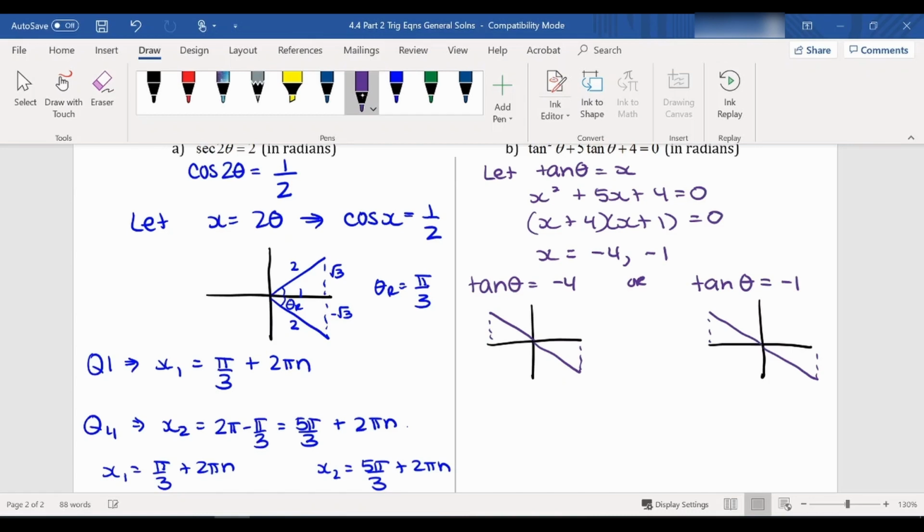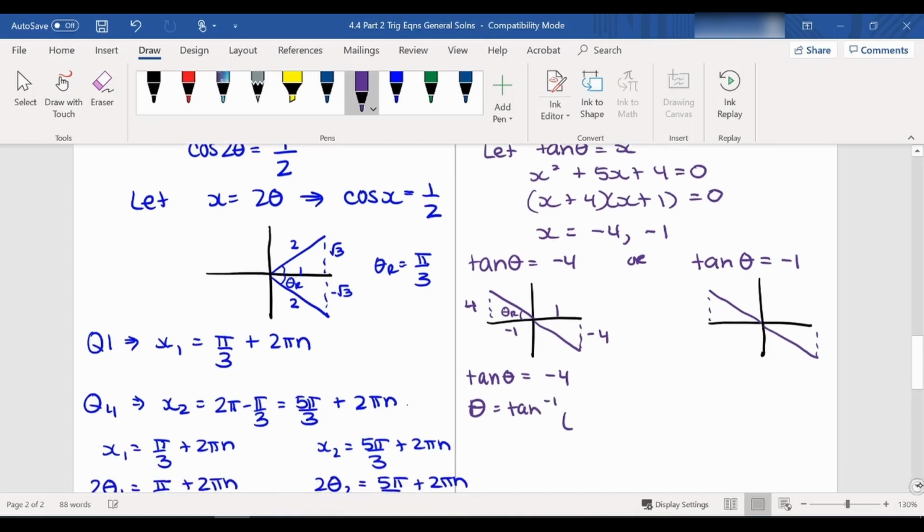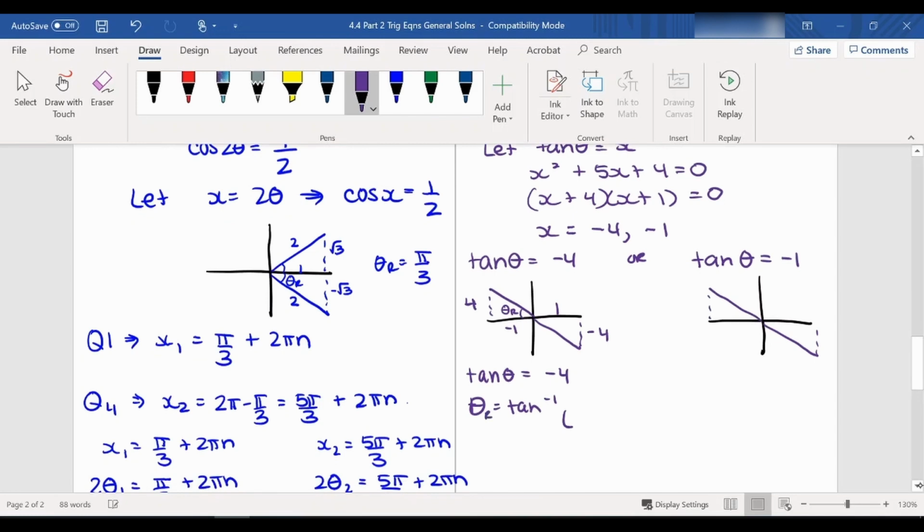Now, this is clearly not a special triangle, so opposite would be 4, adjacent 1, okay? So for this one, I would need to use my calculator. Now it says in radians, so I know tan theta is equal to -4. So theta is going to be the inverse tangent of -4. If I use just 4, I can get my reference angle right away.